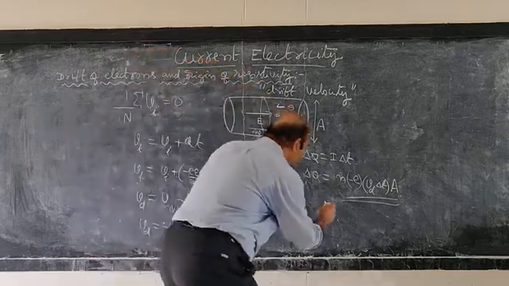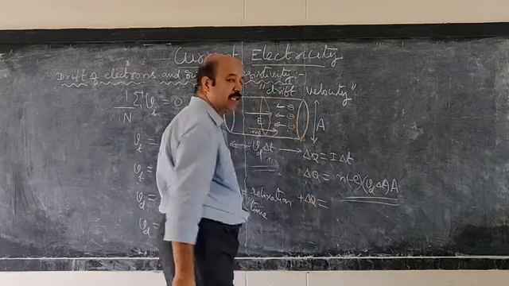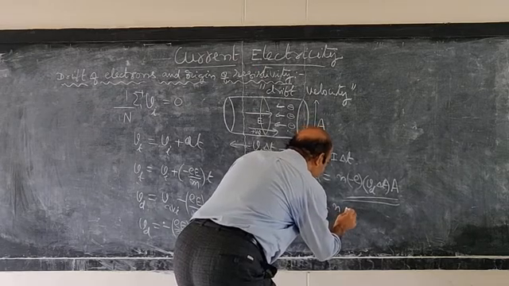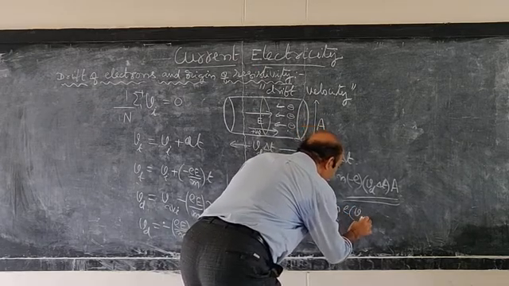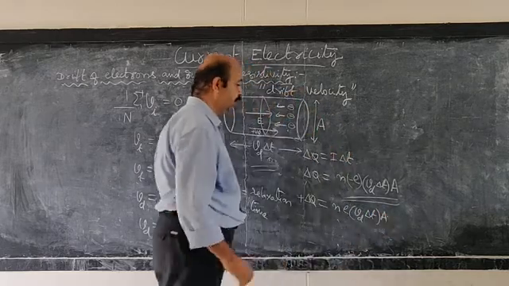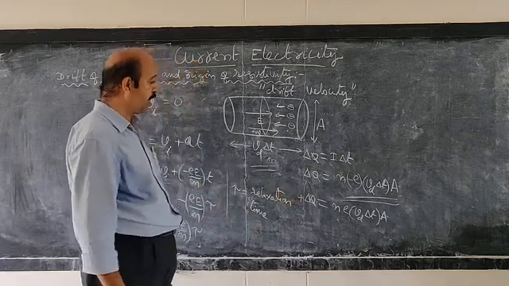Hence I can write the positive charge crossing the conductor as n e Vd delta t A.